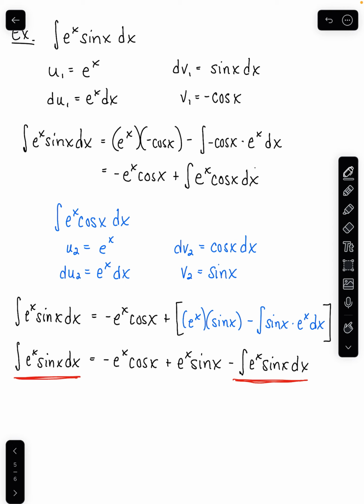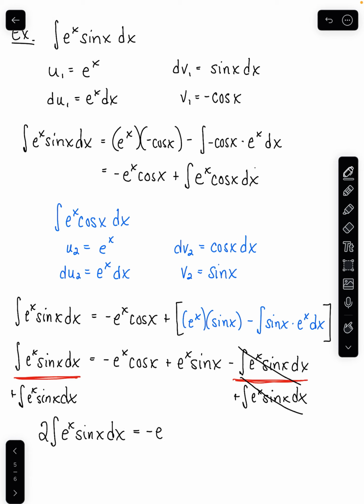If we add this integral to both sides, we actually get 2 times the integral of e to the x sine of x dx is equal to negative e to the x times cosine x plus e to the x times sine x.